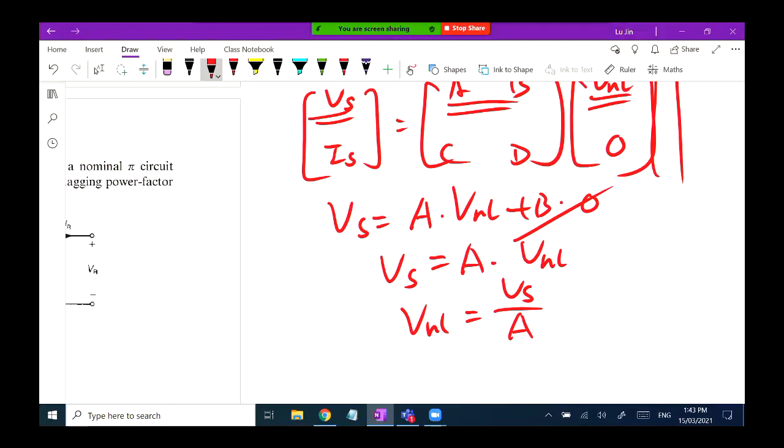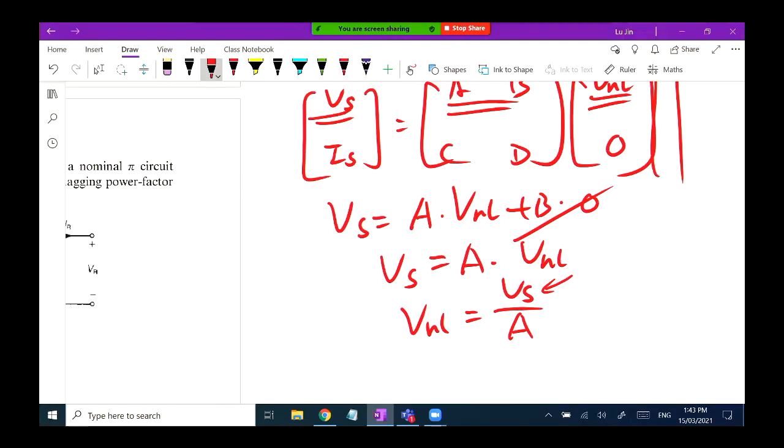Of course, again, I want to remind everyone, this VS here should be what? Should be a vector or should be a value? Should be a vector.